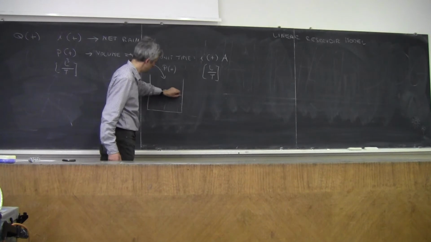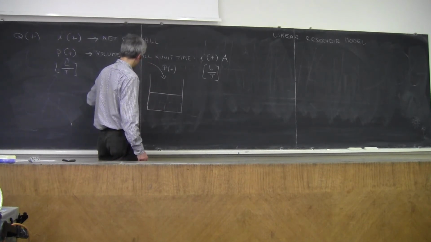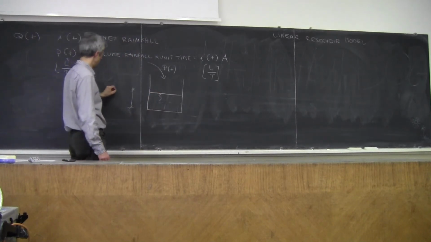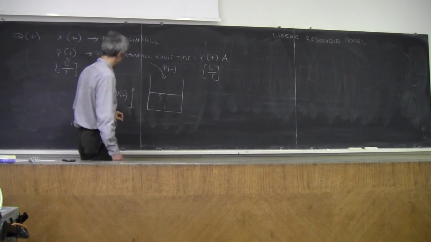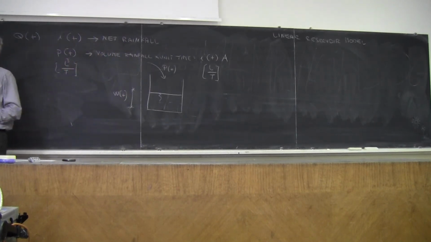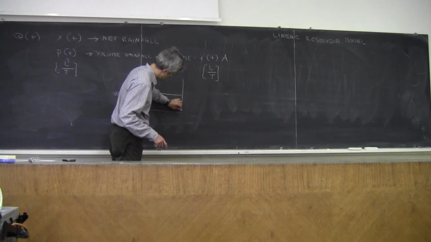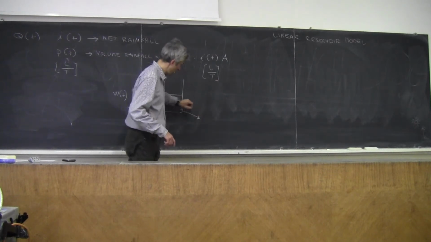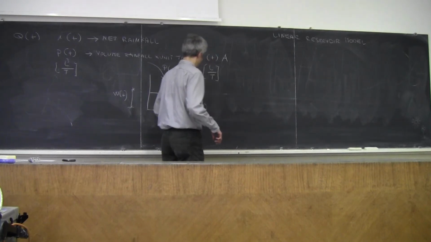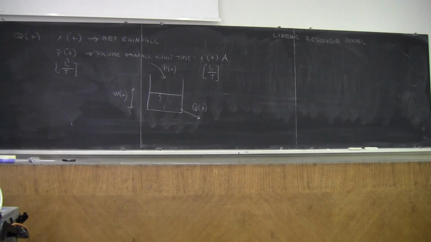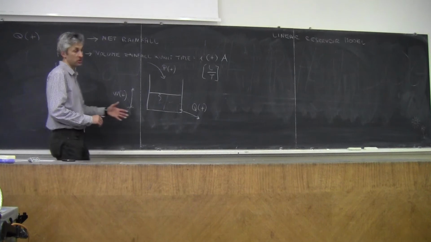And I assume that there is a certain volume of water in the catchment, which I identify with the symbol W, function of time. And then I assume that there is a discharge from the tank which is my Q(t). I schematize it as a bottom discharge.